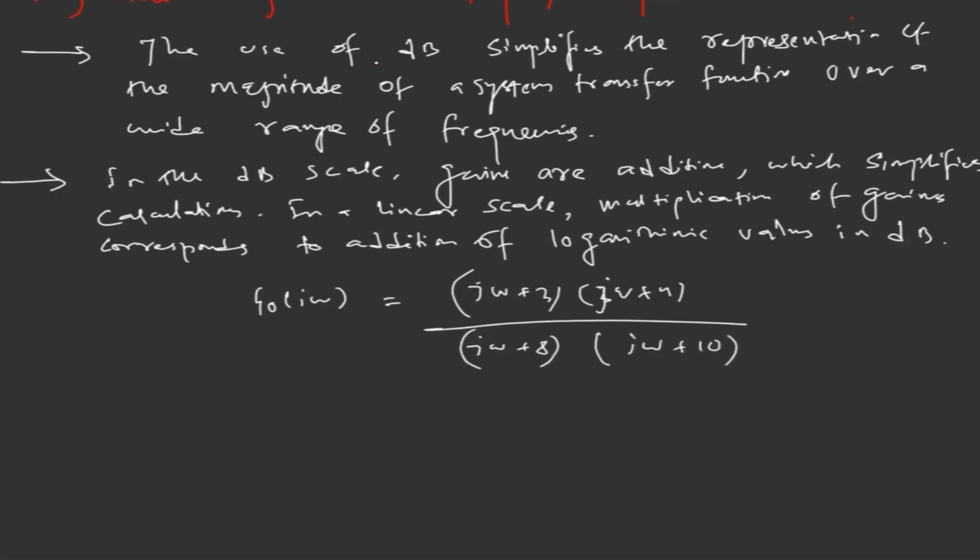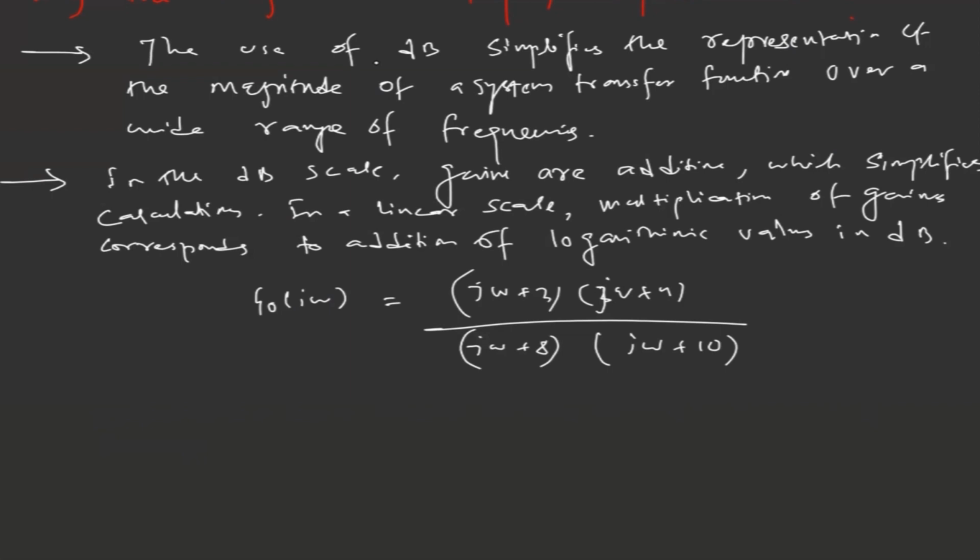Here, if we take the log of the transfer function, it will be some addition and multiplication. So we take the 20 log of both sides, and we can come up with a simple form of addition of the different poles and zeros.